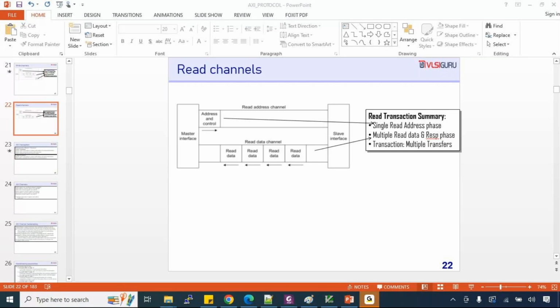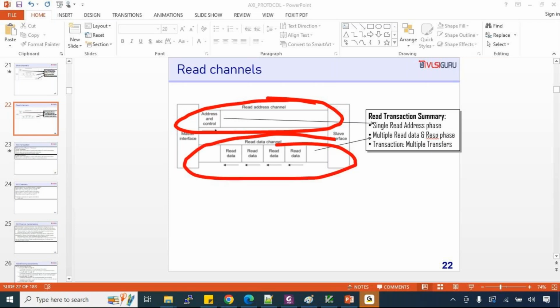That is the whole transaction. So one channel handshaking doesn't indicate the transaction completion. Handshaking here indicates that the read address phase completed successfully. This indicates that the read data phase completed successfully. So each channel has a specific significance.